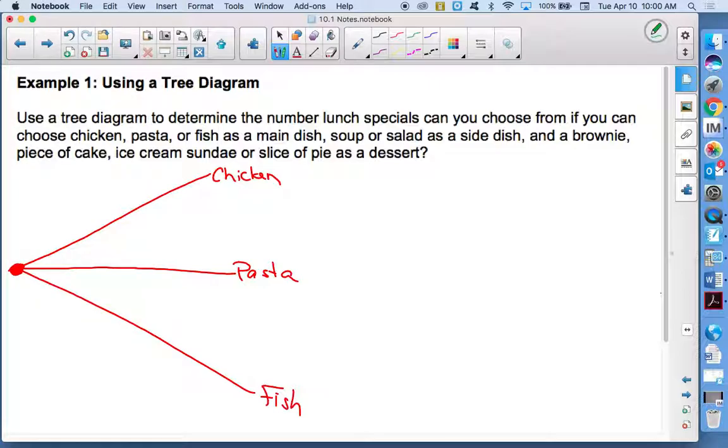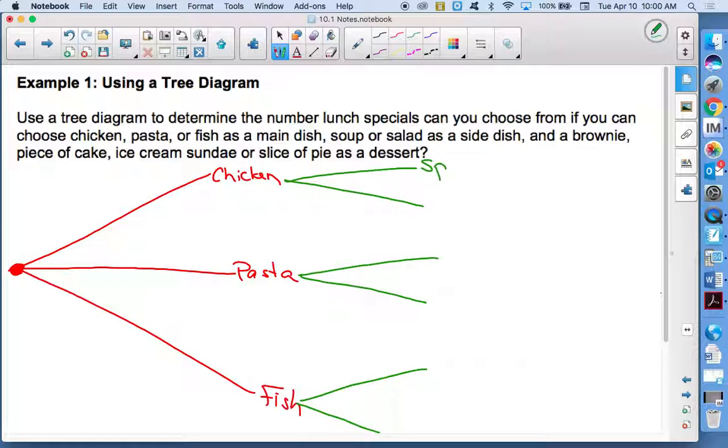Correct. So the second option for our lunch special would be a soup or a salad. So each one of these main courses branches further into our soup or salad option. And I'm just going to abbreviate.